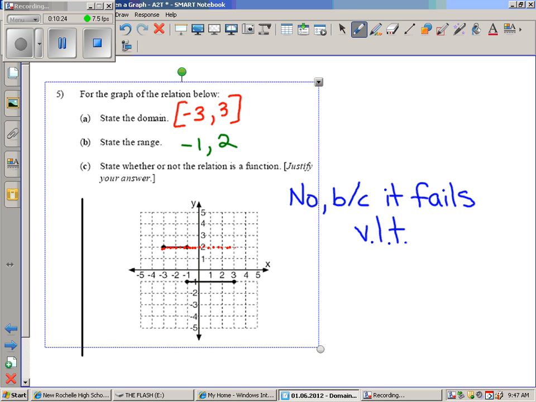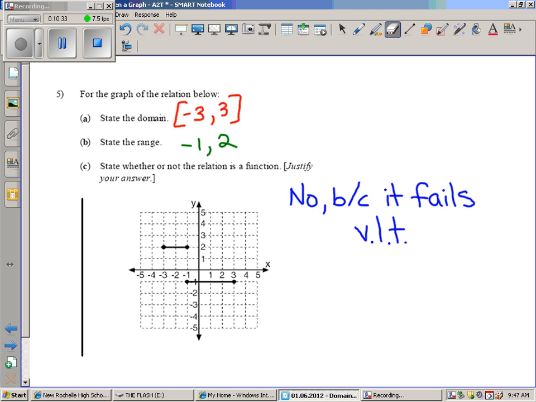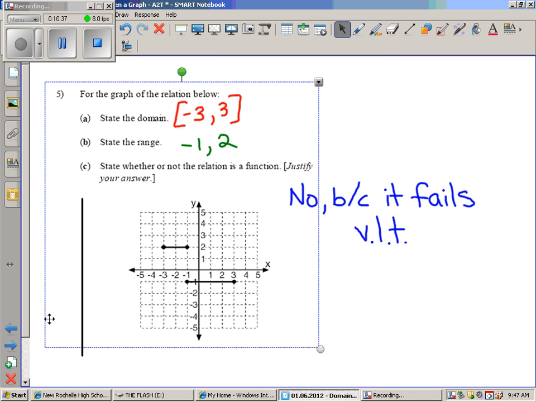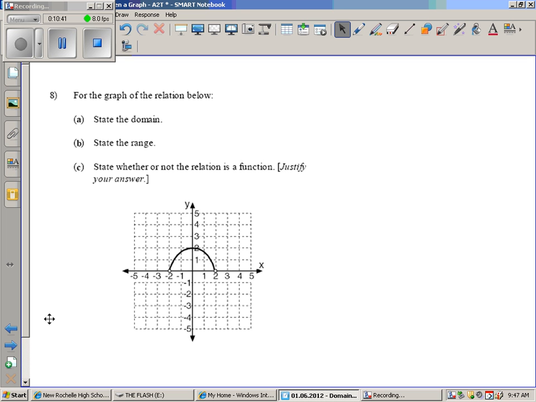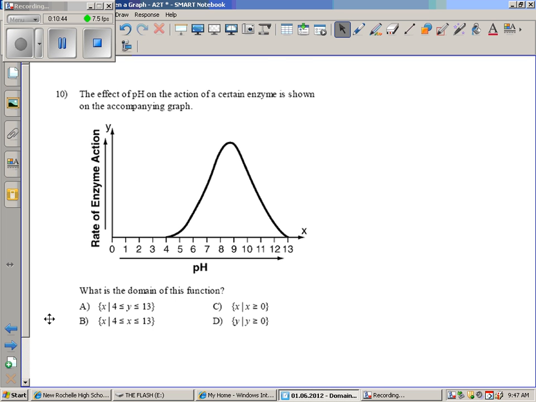It includes -1. It's everything in between, everything in this range. You see it? So it includes -1, yeah.